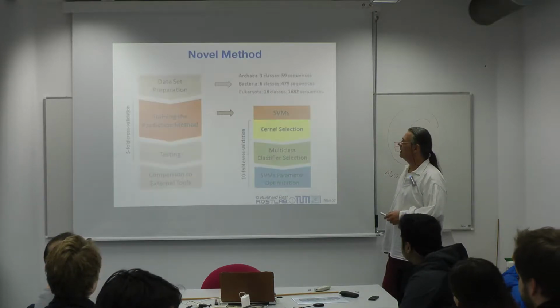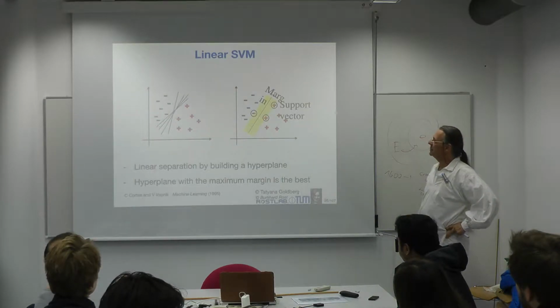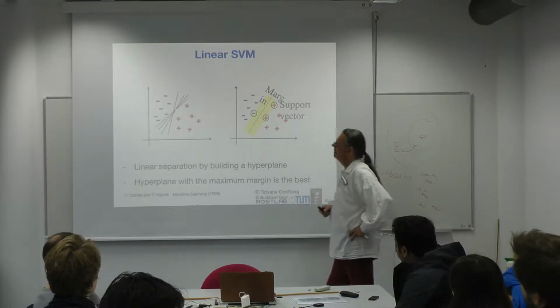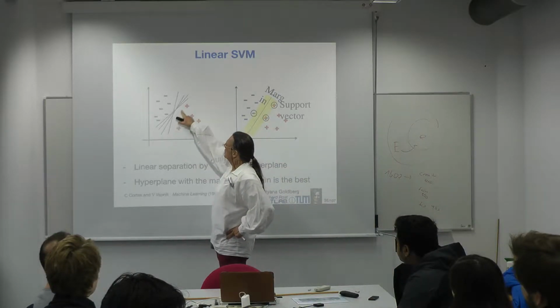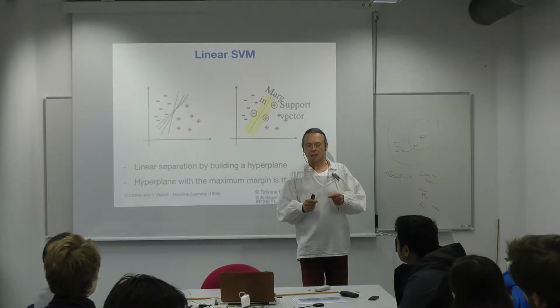So that brings us to the method now. That's my data set. I wanted to use an SVM, and in this particular case, the SVM finds the best way to distinguish the closest points that belong to either of the two classes.